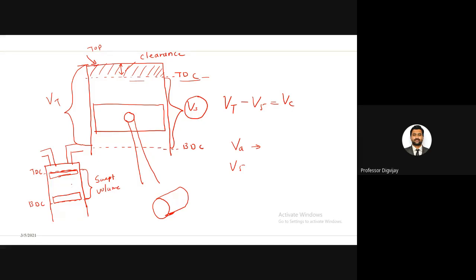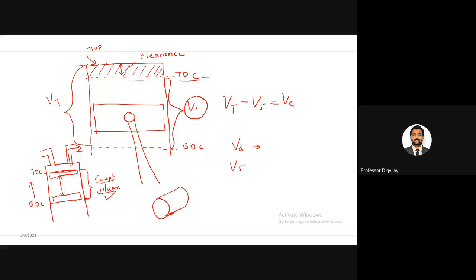Volume between top dead center and bottom dead center is nothing but swept volume. Theoretically, when the piston moves from bottom dead center to top dead center and discharges the compressed air, it is assumed that the volume of air should be the swept volume. Obviously, because the piston is moving between these two positions, and this will be the volume delivered by the compressor.